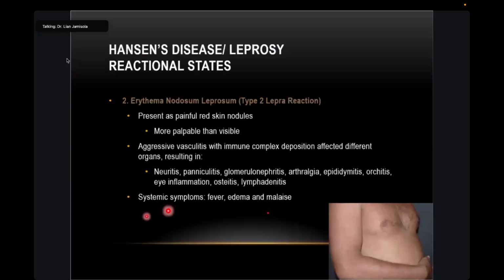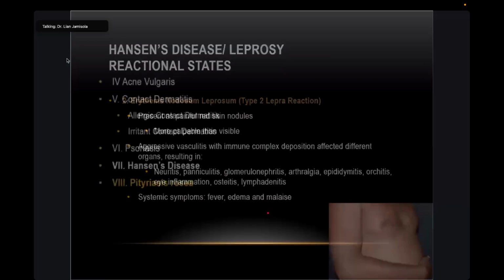So patients with this type can have fever, edema, and malaise. Here, the painful red skin nodules become generalized, not just in the initial lesion, compared with the reversal or type 1 reaction, where only the lesion turns red. Here, they have new painful red skin nodules that are generalized.